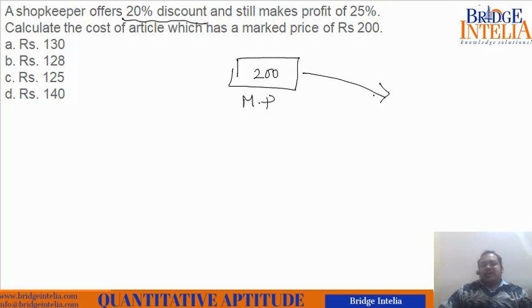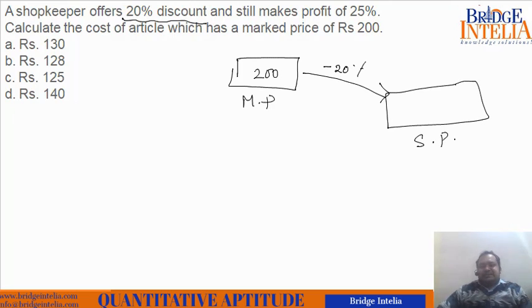So offering a discount is bringing down the price. So discount of 20%. That means selling price is only 80% of marked price, because 20% is given as discount. So customer is asked to pay only 80% of what the marked price is. So selling price is rupees 160, 80% of 200.